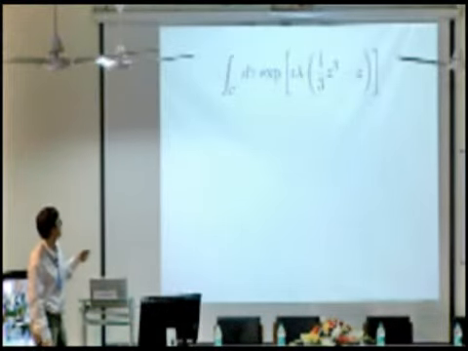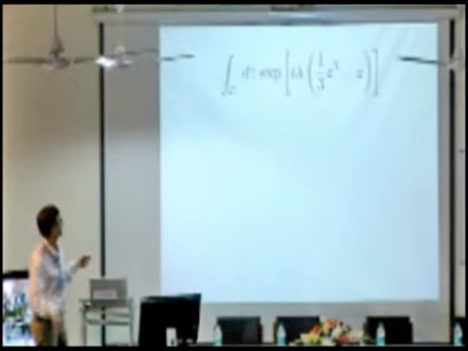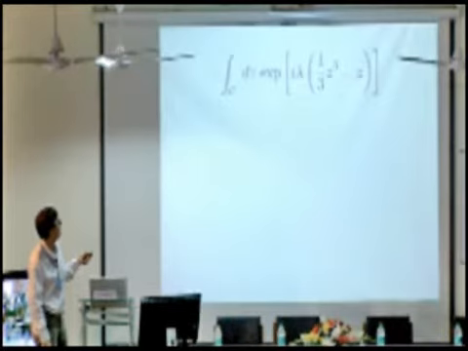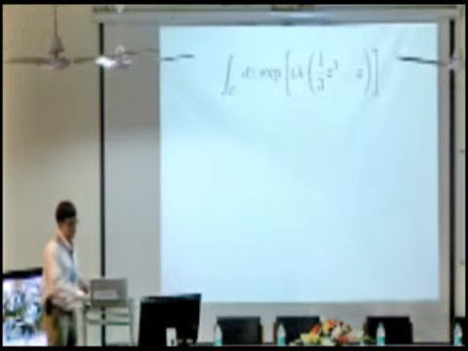So just consider zero dimensions. This is just an ordinary contour integral. We have some function here, the exponential of i times some positive real number lambda times a cubic polynomial in z. z is a complex variable, and we just want to do some contour integral over this integrand.